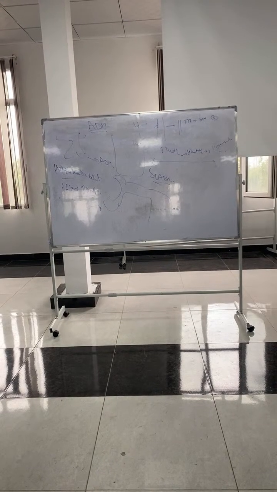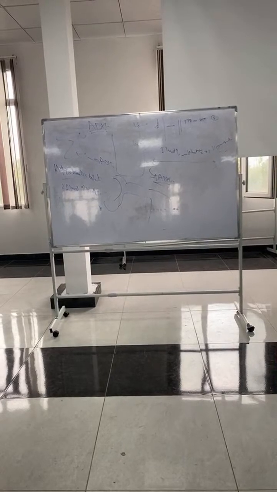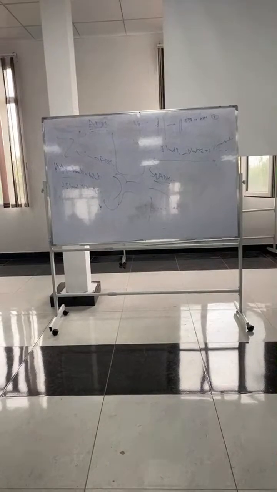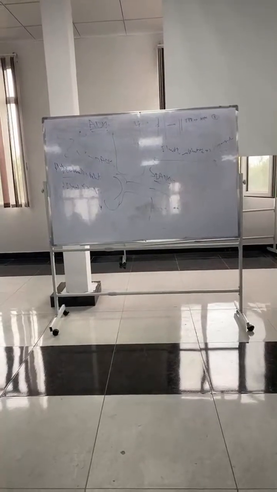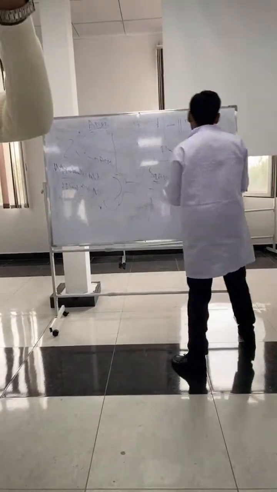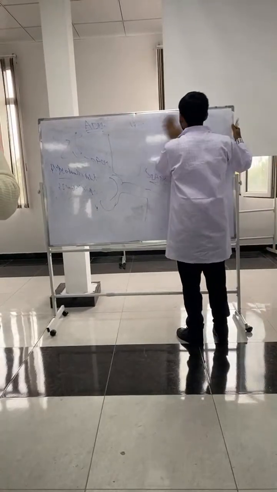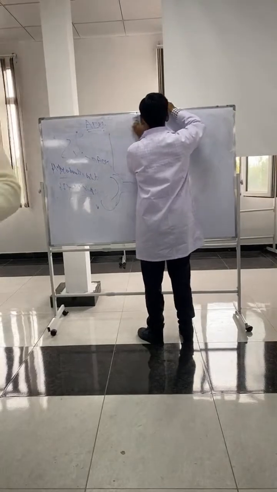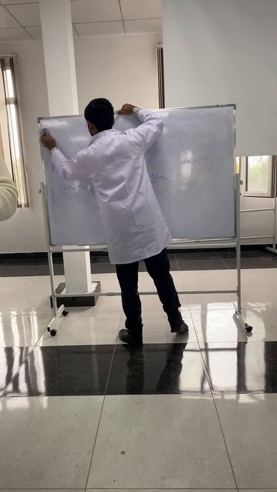Diabetes insipidus is a condition in which either antidiuretic hormone is not working or antidiuretic hormone is not produced in enough amount.